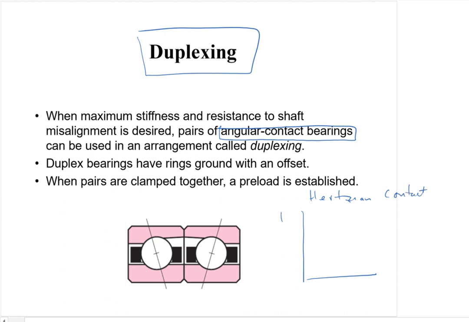You have force versus deflection, and it gets stiffer. So the whole idea is to load these bearings up against each other, somewhere around here, to give it a higher stiffness. So the stiffness would be the slope of this thing.